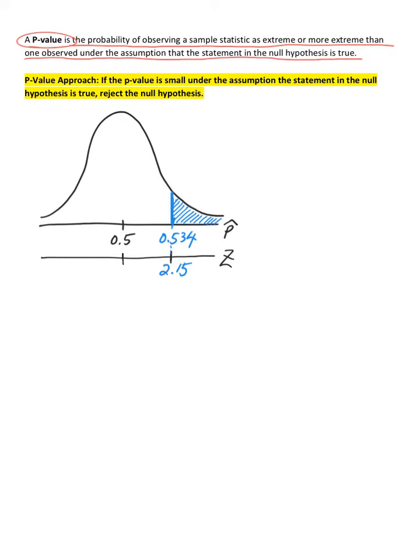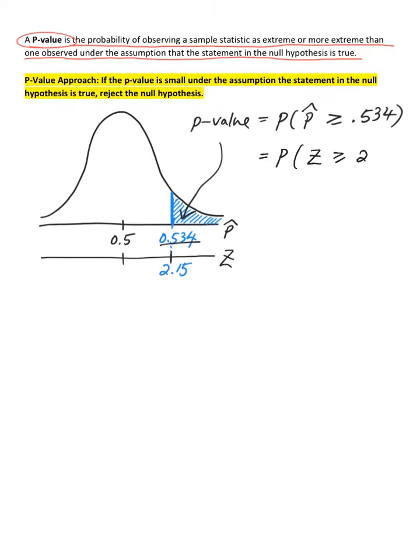So the p-value, which is this area right here, is the probability of getting a sample proportion of 0.534 or higher, which is equivalent to the probability that z is greater than or equal to 2.15.